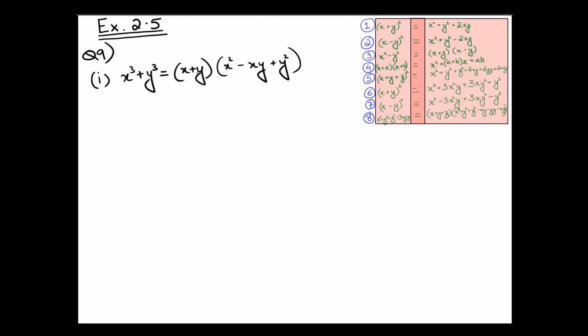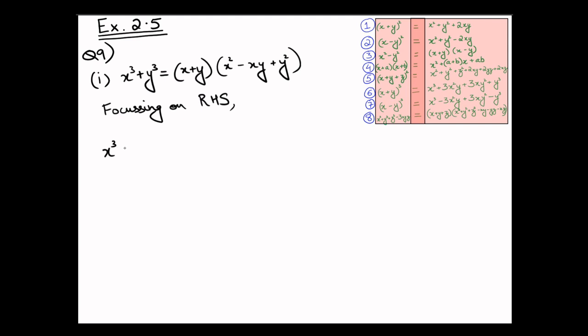What we're going to do over here, we're just going to focus on the right hand side of this equation. I'm going to open the brackets and let's see what we get.